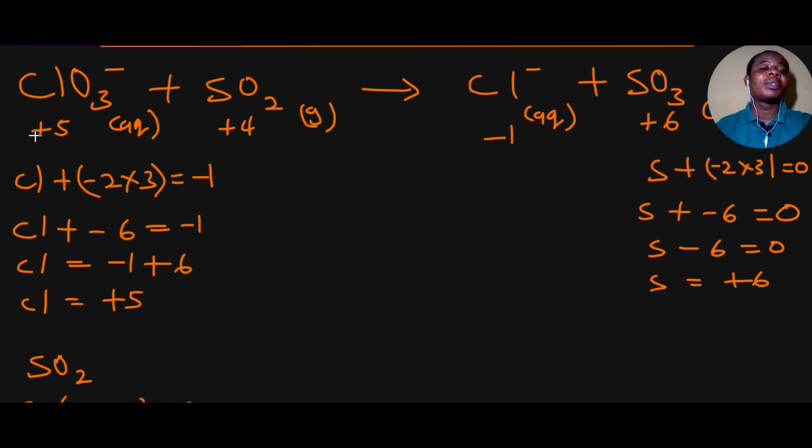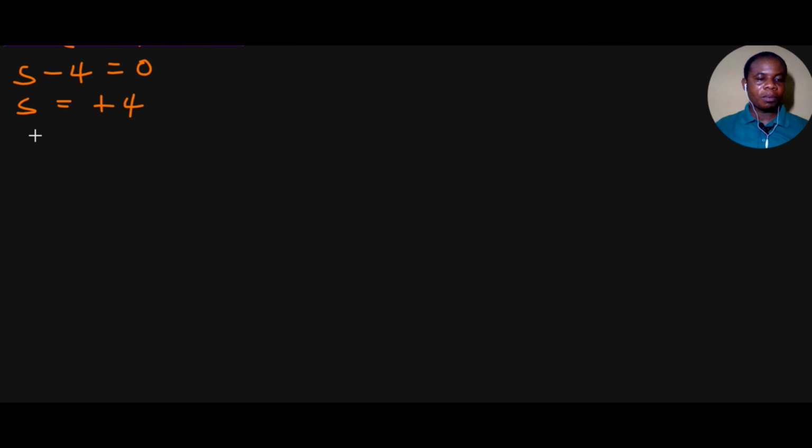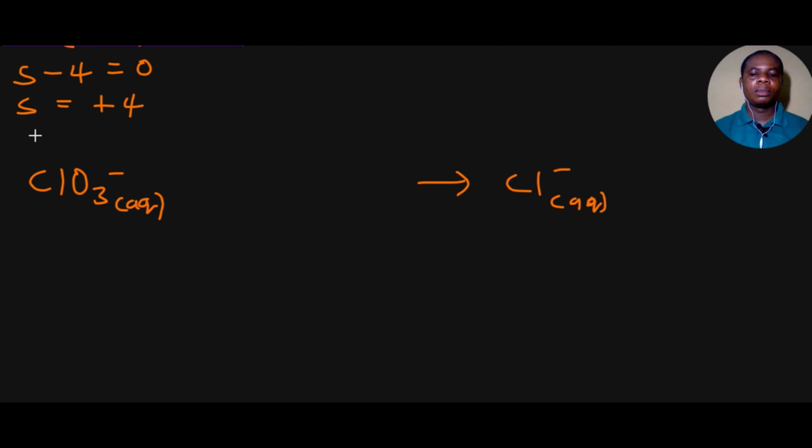So let's write the two half-cell equations. It's ClO3 minus to Cl negative. Since this one is undergoing reduction, how many electrons do we need to write? That's 6 electrons, because we go from plus 5 to negative 1. So how do we do that?